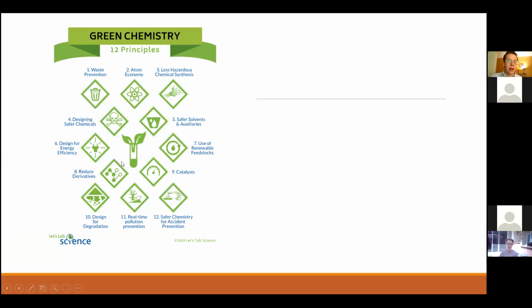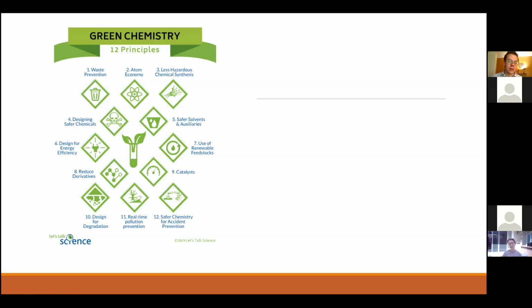So here they are. You'll notice that, hopefully, after looking over quite a few of these, it's a pretty broad area. So we have everything from preventing waste, which is along the lines of what I'm doing, to designing for energy efficiency, to real-time pollution prevention. And authors are not afraid to put green chemistry in the titles of their papers if they even only use one of these things.